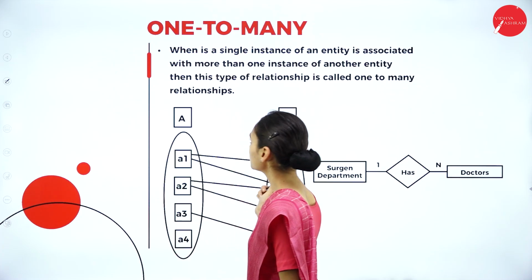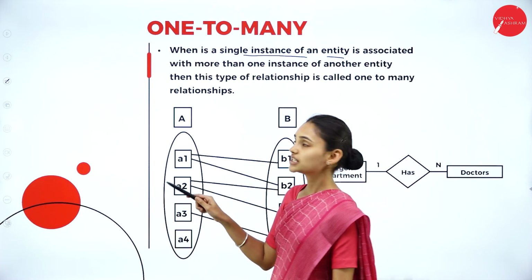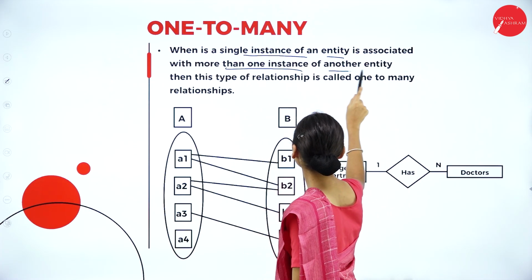Next is one to many. Here a single instance of an entity is associated with more than one instance of the other entity.